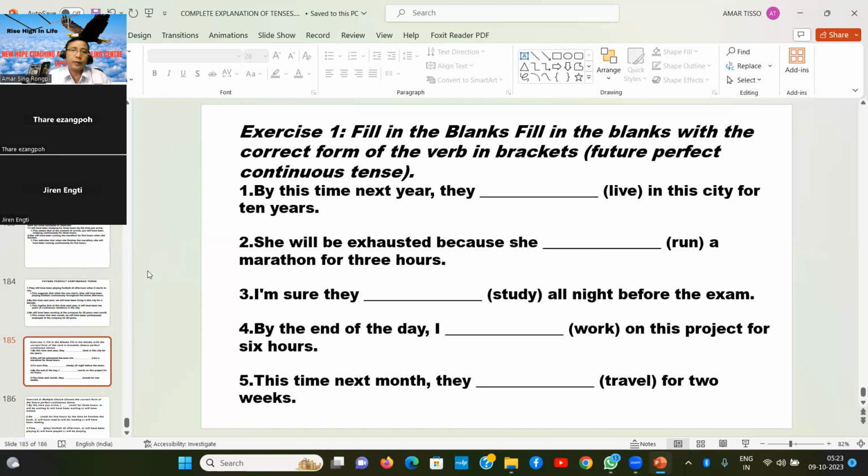By the end of the day, I will have been working on this project for 6 hours. Yes.